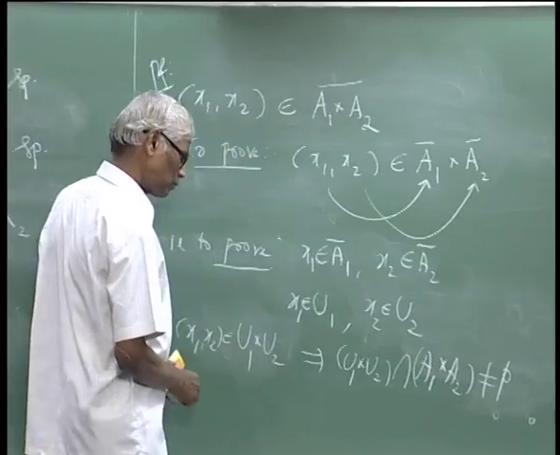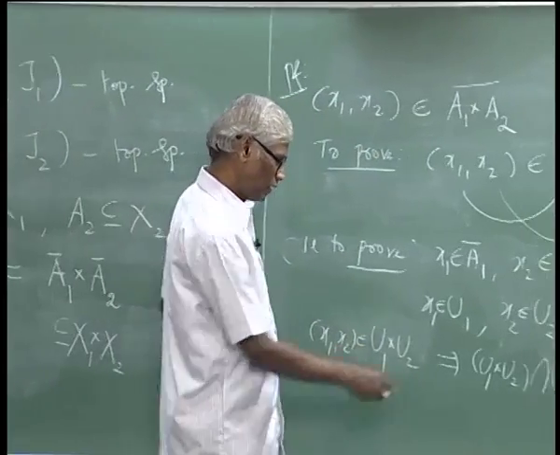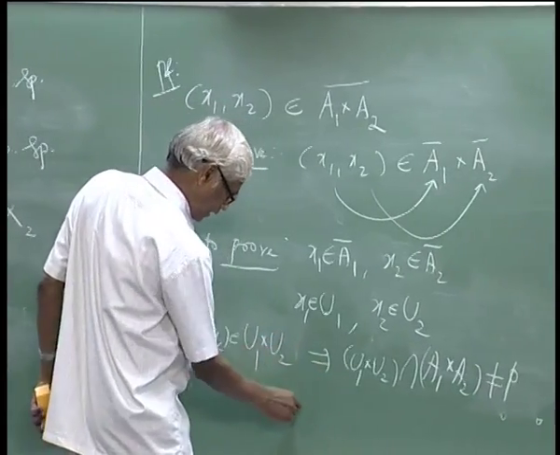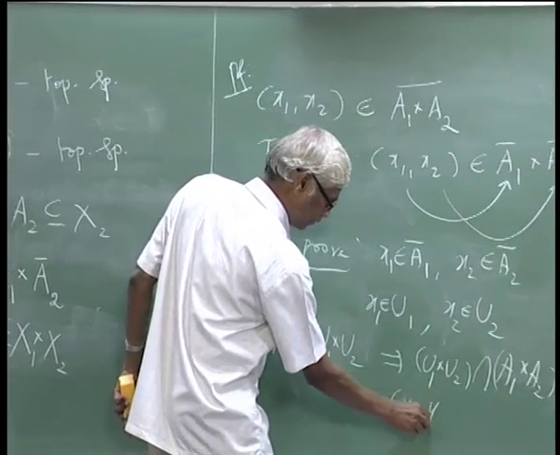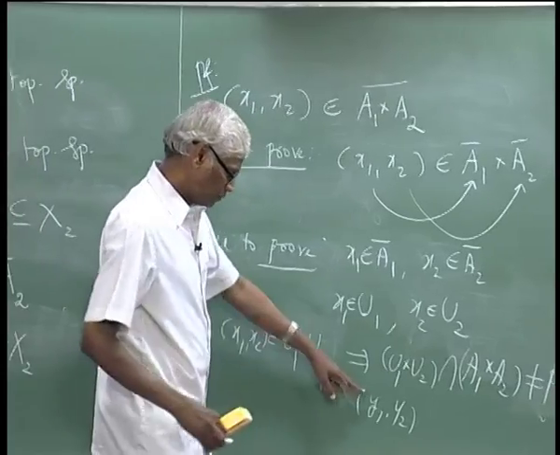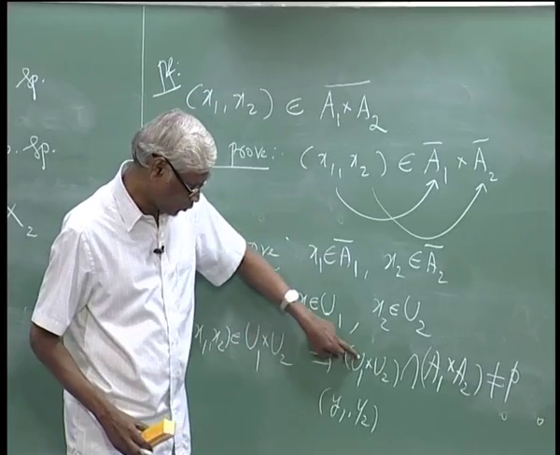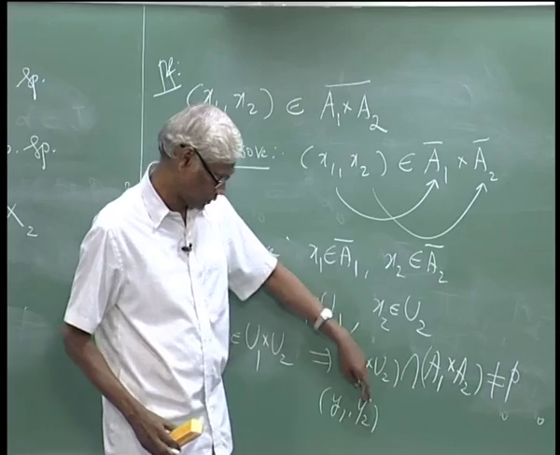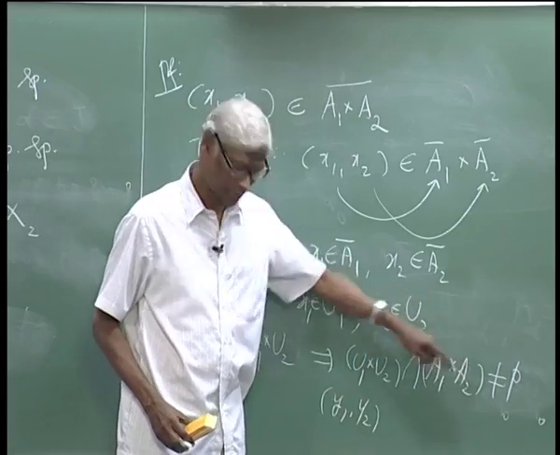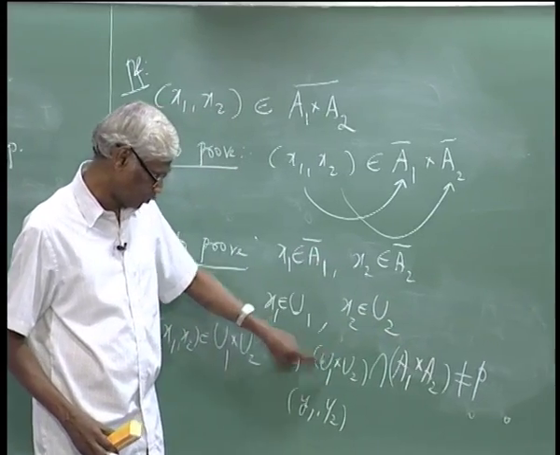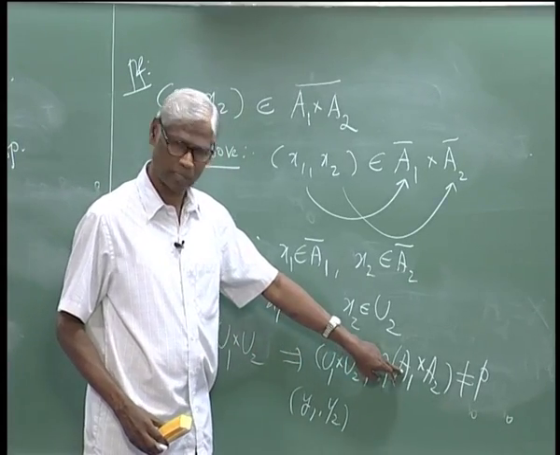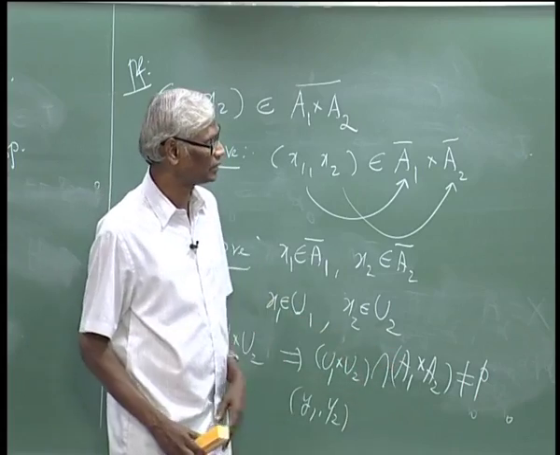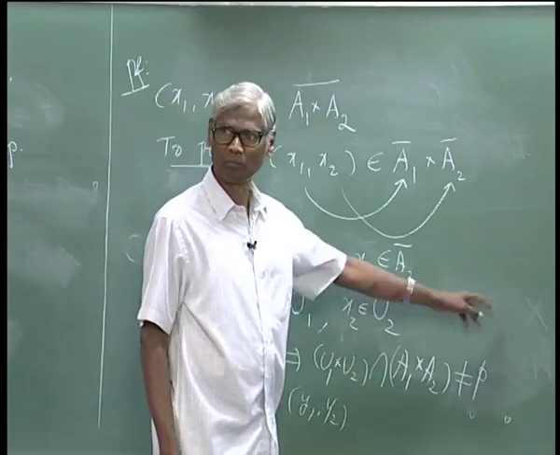So, this is non-empty, which will imply we will have an element, say some ordered pair (y1, y2), which is in U1 cross U2 and A1 cross A2. That means y1 belongs to U1 and also it will be in A1, that means U1 intersection A1 will be non-empty.